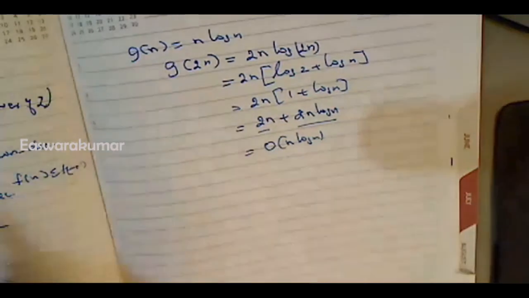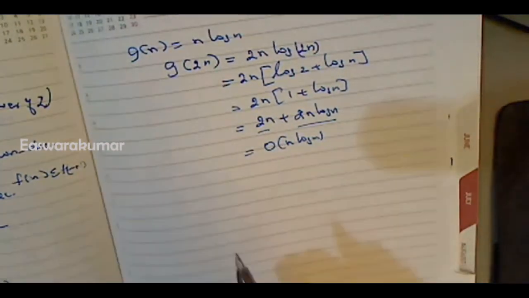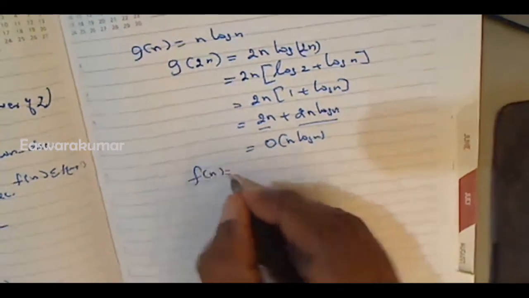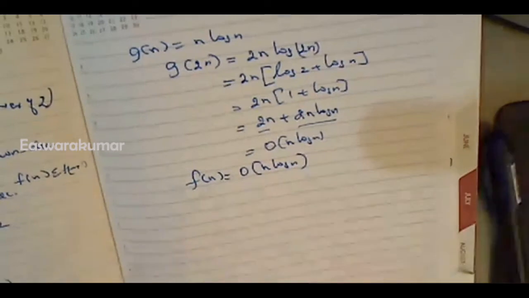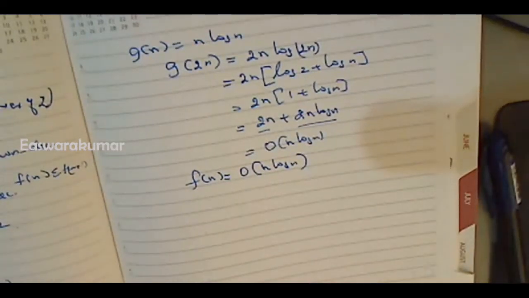As all the properties are satisfied, now we can remove the condition. So we can say that f of n is equal to order of n log n, and now it holds good for all values of n. This is how we do theoretical analysis. Sometimes the conditions are required, but they can be removed when these properties are satisfied.